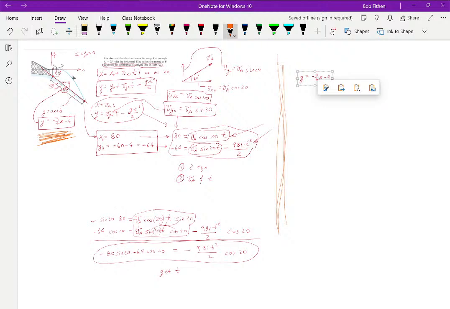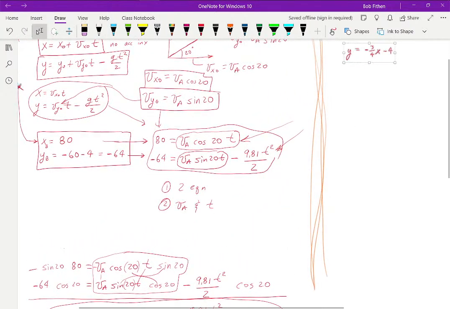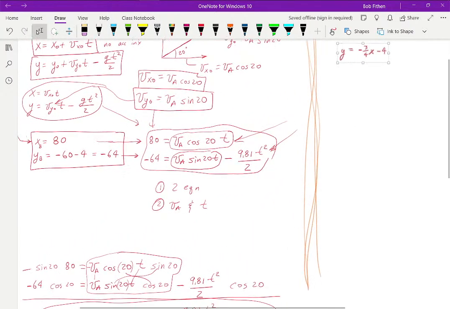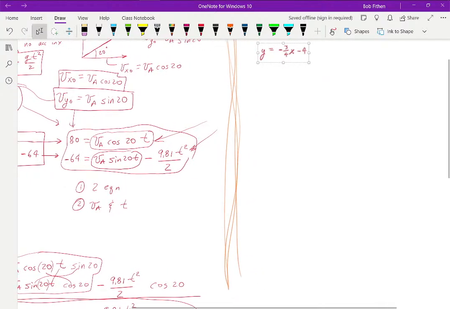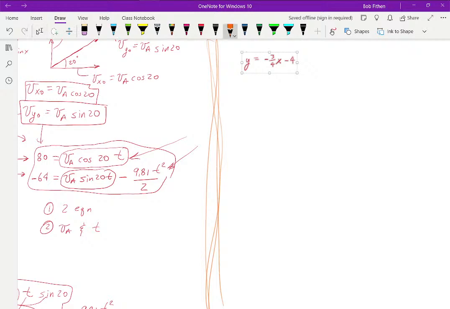I also see, and maybe I'll just write this set of equations, or maybe I'll do it this way. I have another set of equations that come from right here. Okay, so there's one equation. Here's the second equation.